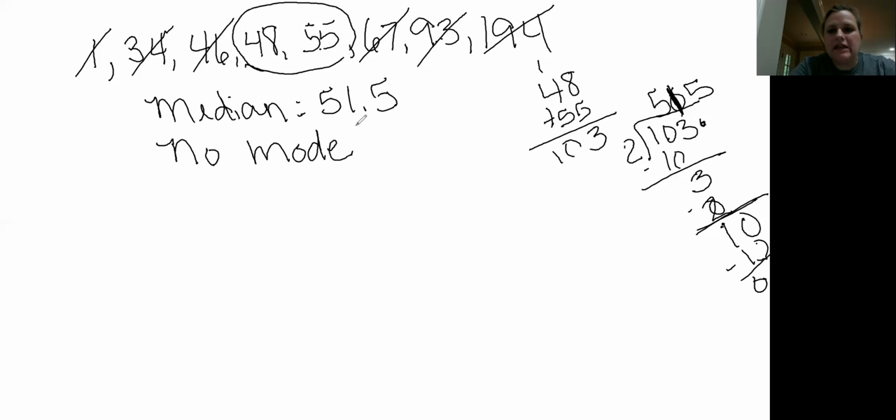And then for the mean, you would add these up. So 34 plus 1 is 35, plus 46.